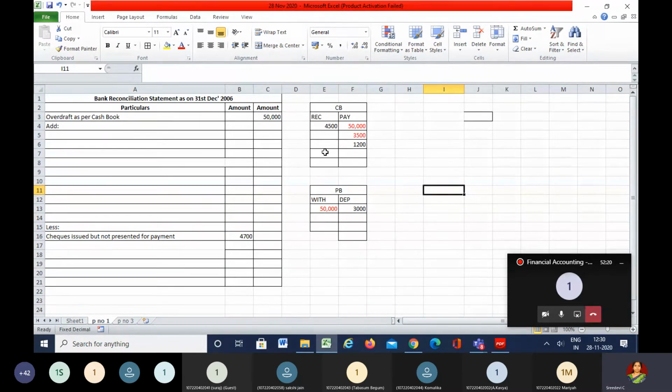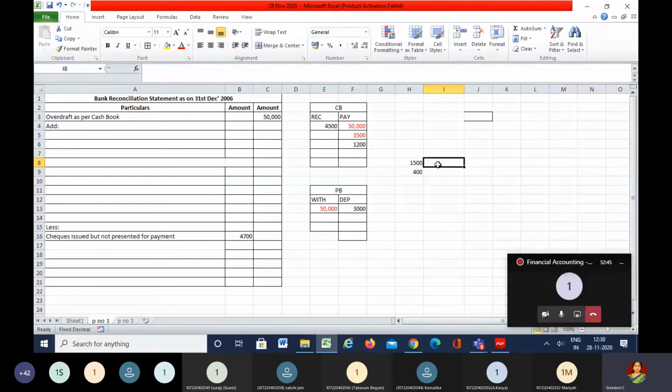Can anyone give me the answer for this? For the 400 rupees? The effect for both is the same. One is 1500, the other one is 400. This has still not been credited by the banker.